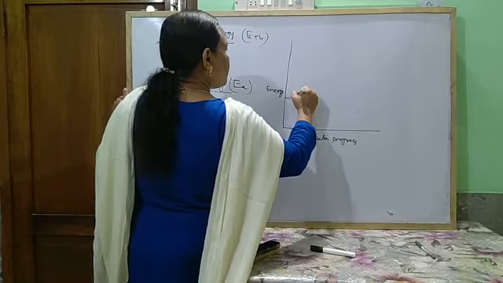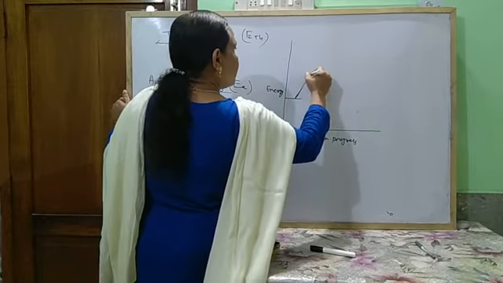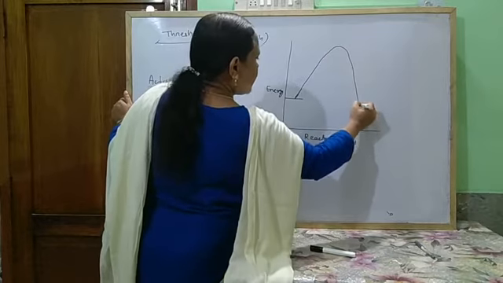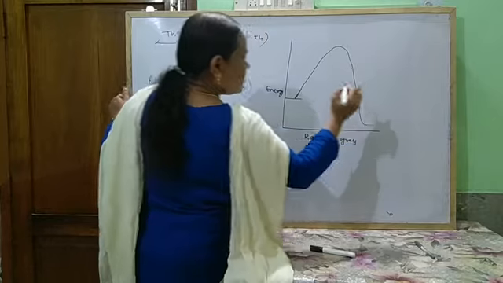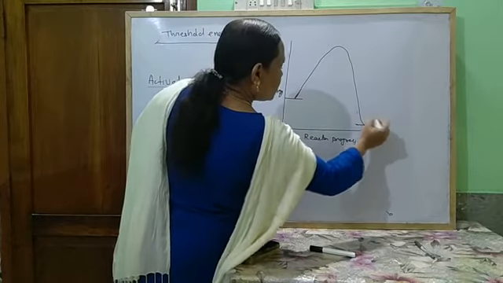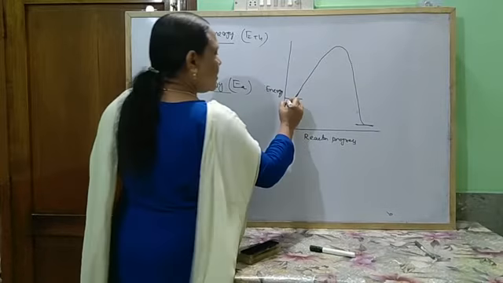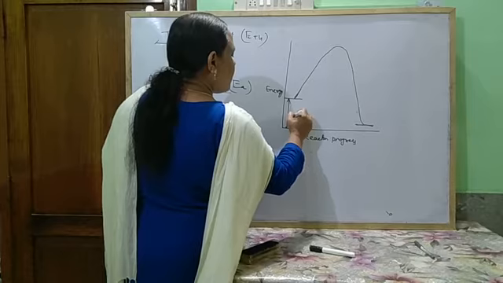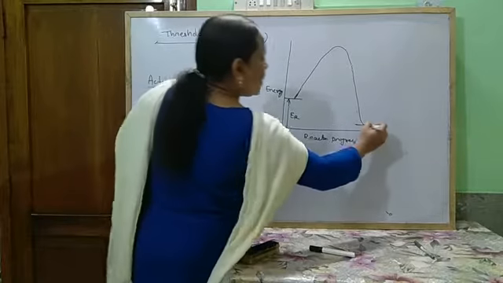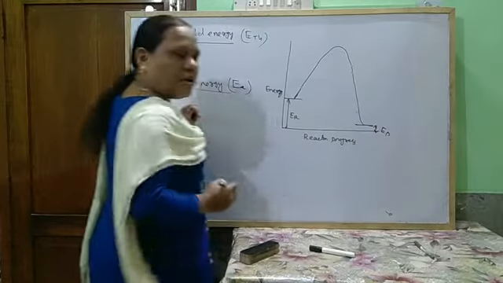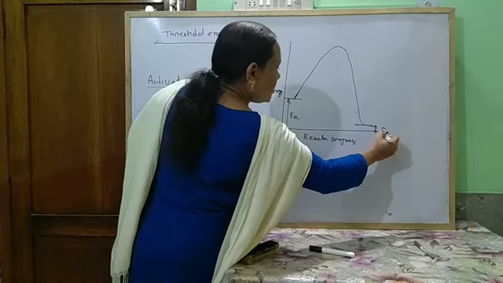We supply some energy, then it reaches a maximum, then it comes back down like this. Up to here is the energy of reactant, and this much is the energy of product.